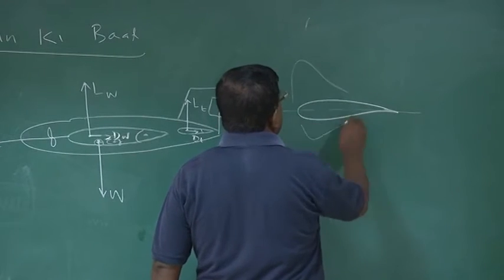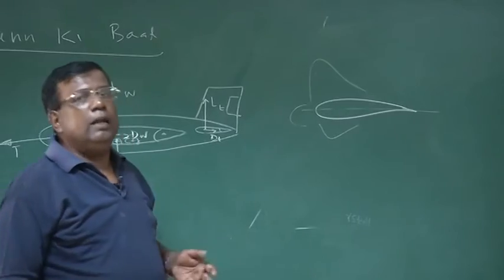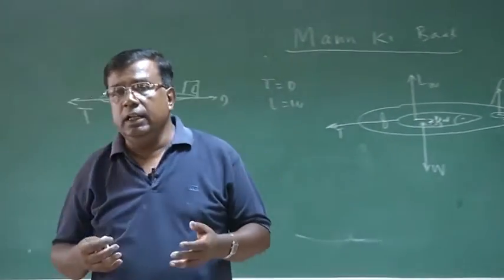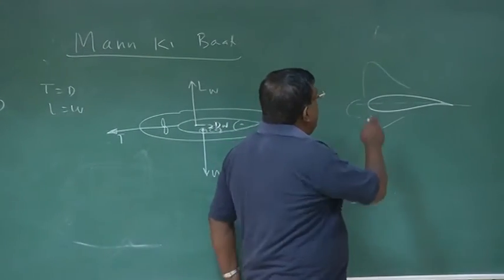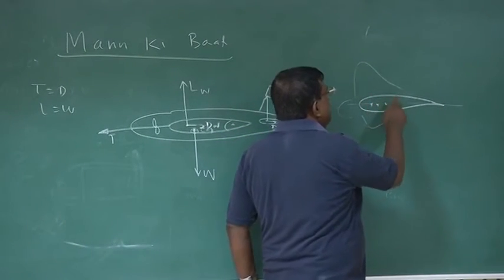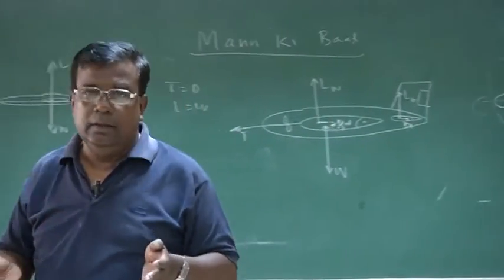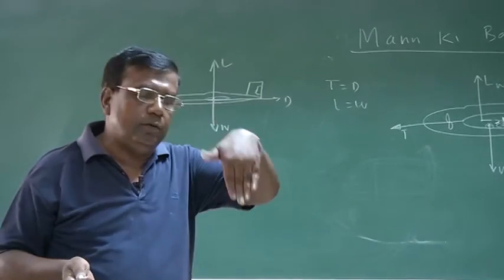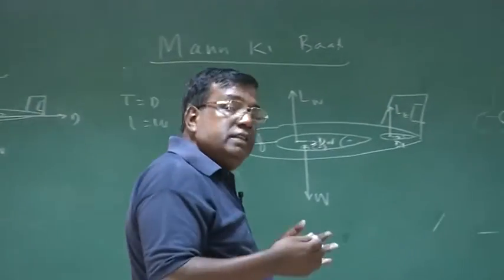Because of the pressure differences, you know, there is a lift, okay? And we try to talk in terms of CL. And if you take different points, this net force will generate different moments, isn't it? Nose up, nose down, whatever it is, depending upon where is the resultant and where is the CG.